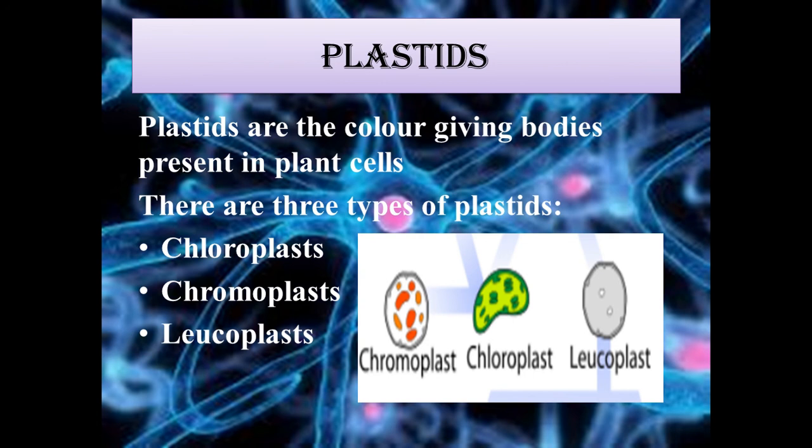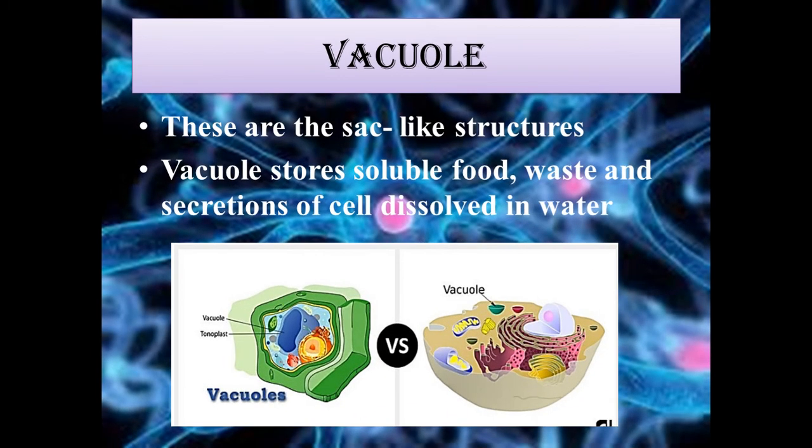The next is the vacuole. What is a vacuole? Vacuoles are membrane-bound, sac-like structures which store food, waste and water. Plant cells generally have one large vacuole or a number of vacuoles. Vacuoles are present even in animal cells, but they are very small in size.